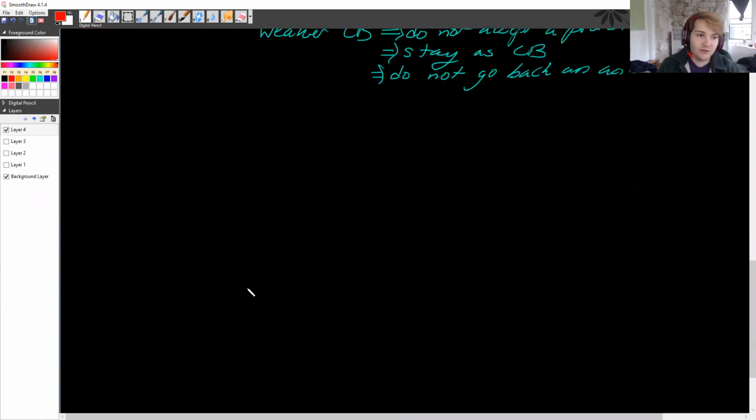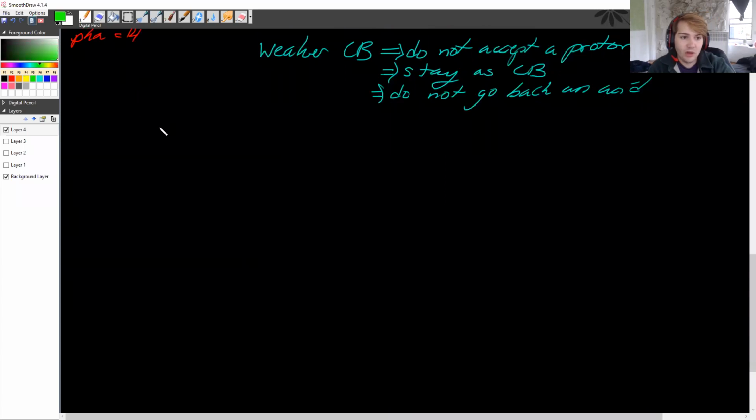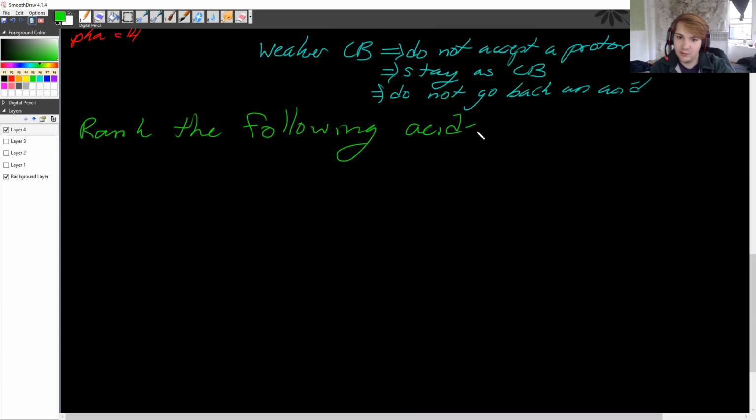So what does this mean for your exam? Well, on your exam, you're going to be given a problem that says rank the following acids. And you're going to come across something like this. You're going to see CF3CH2OH.